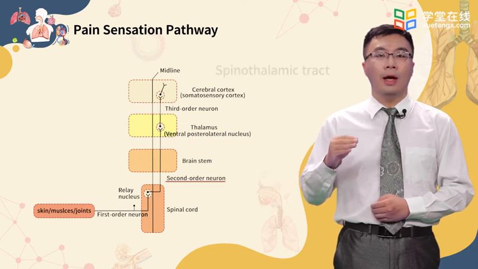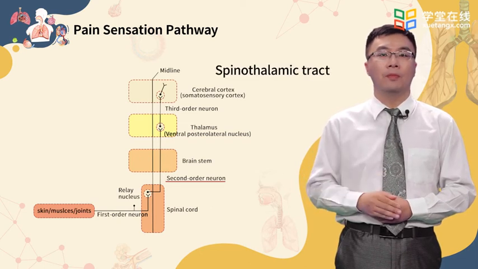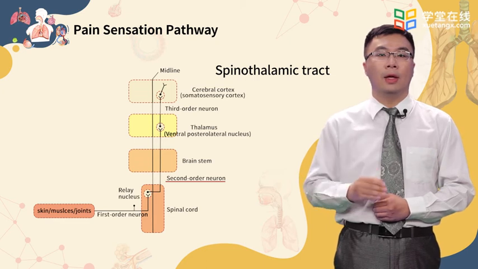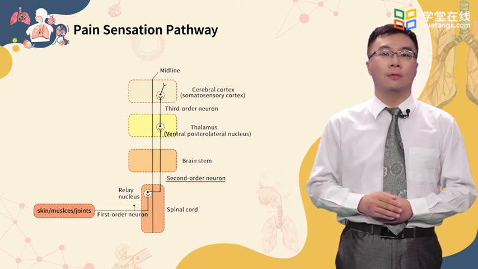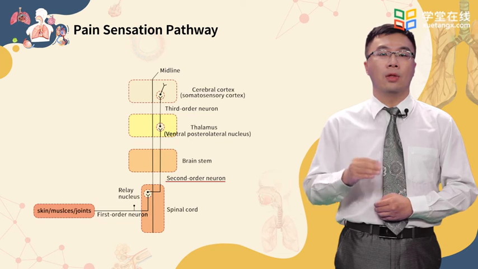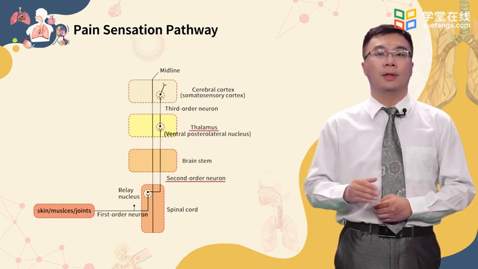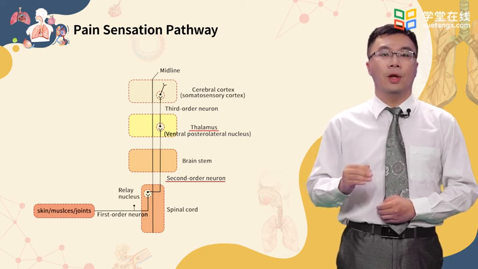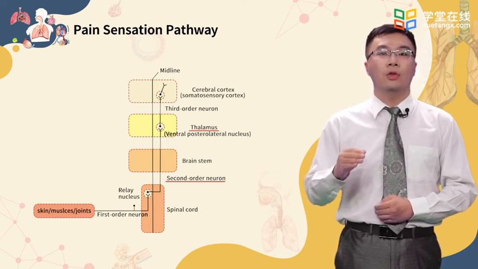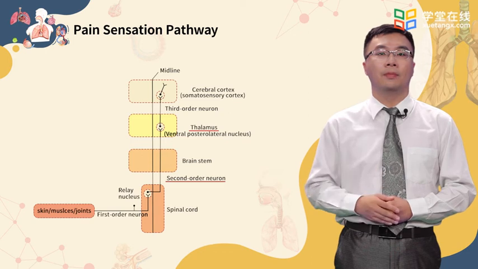It travels via the spinothalamic tract, which is the main pathway for transmitting pain information to the cerebral cortex. The term thalamic implies thalamus, which is an area of the brain, so this tract will head to the thalamus.